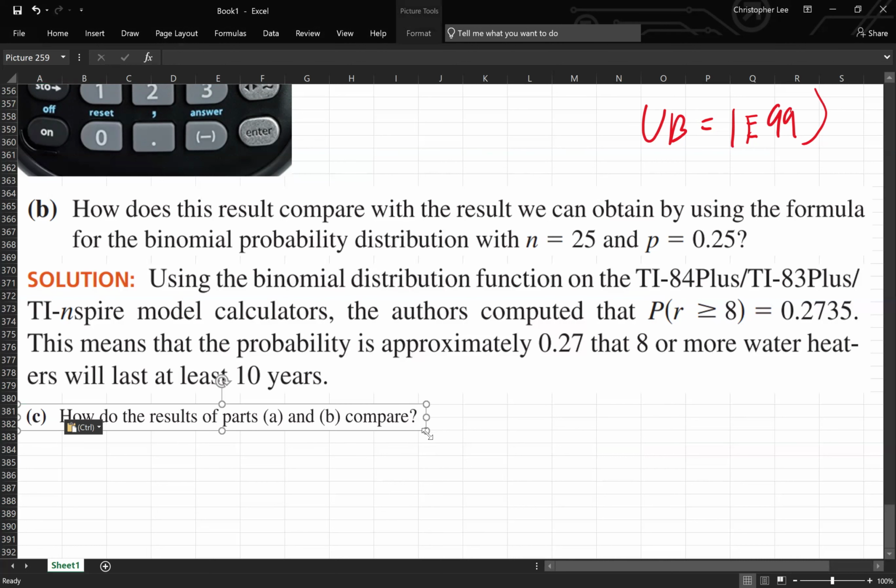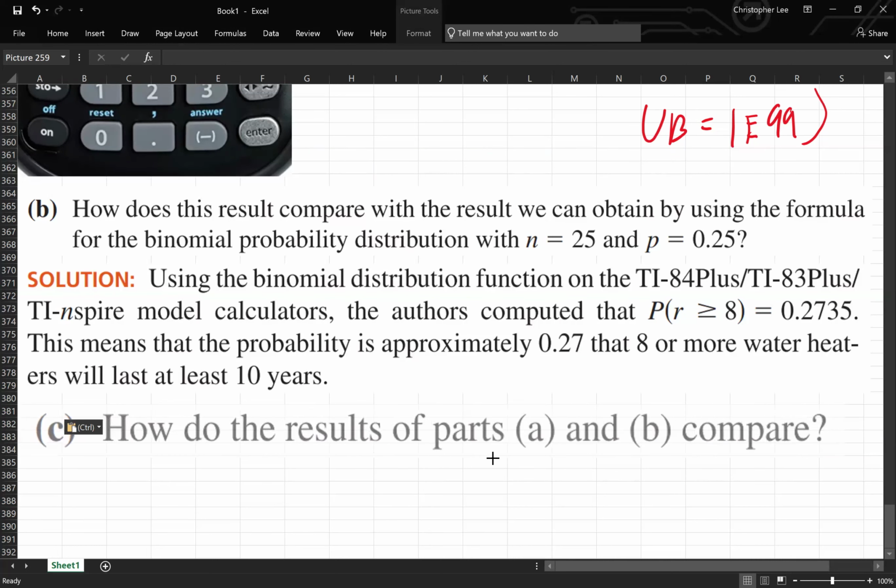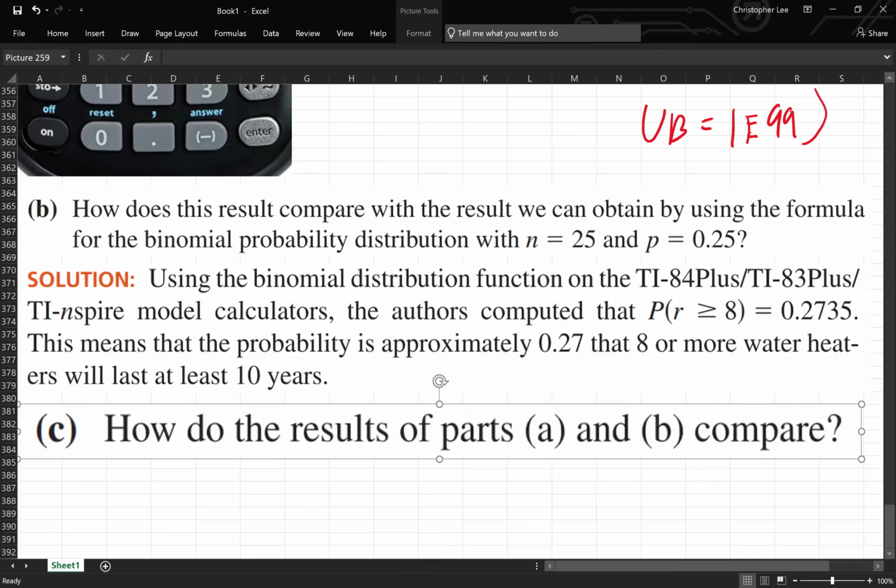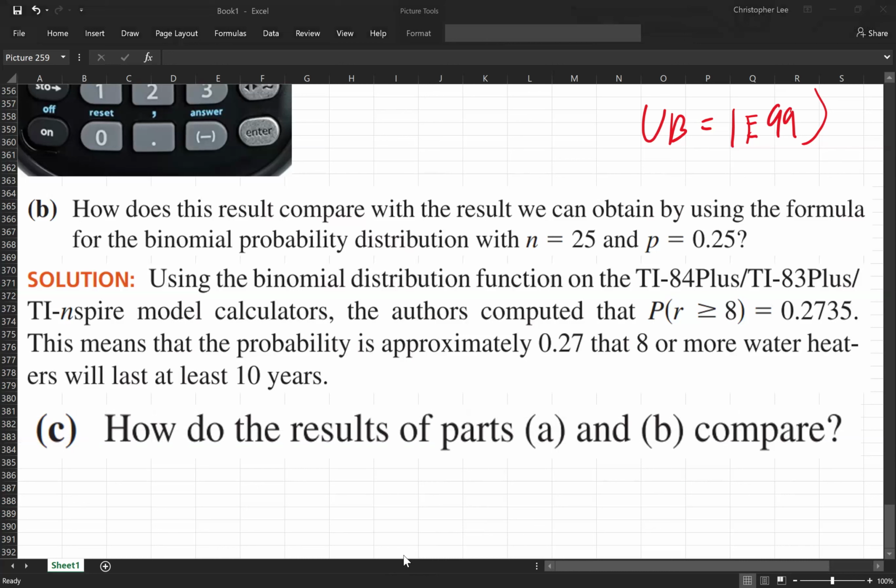So how do the results in part A compare to the results in part B? Part B is the right answer, and part A was the approximation that we did. So let's talk about it a little bit.